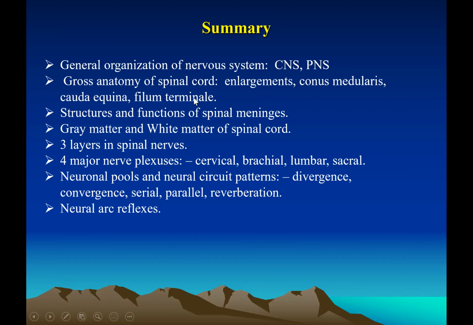We also studied the protective layers of the spinal cord, which is the meninges: dura mater, tough mother, arachnoid mater, and pia mater, gentle mother. We studied the histology of the spinal cord, the gray matter and the white matter and how they are organized.